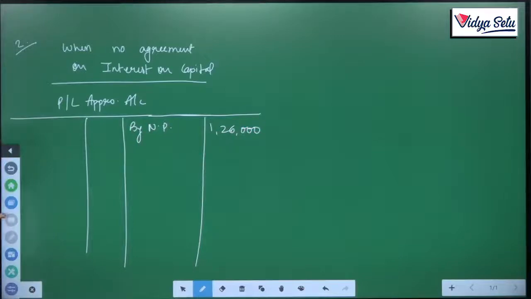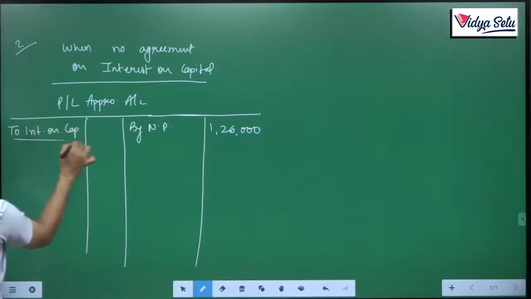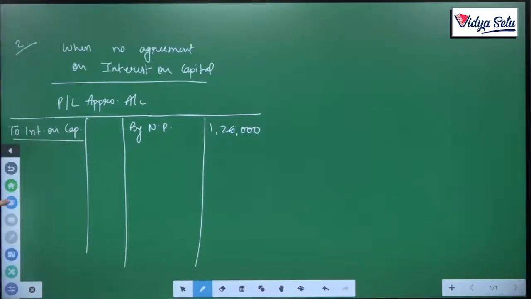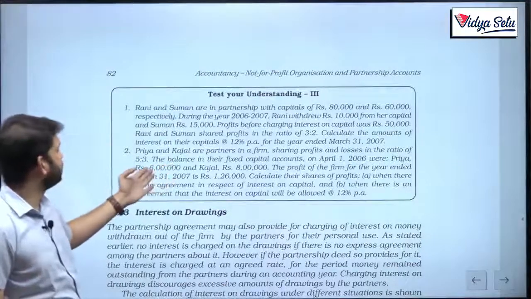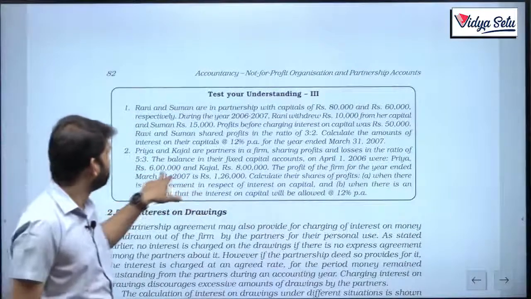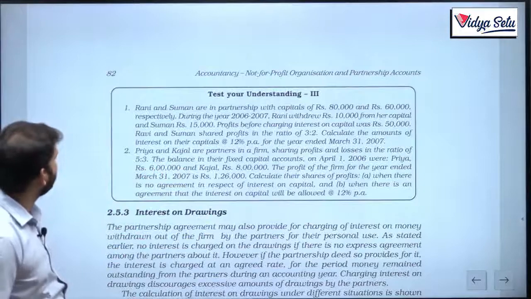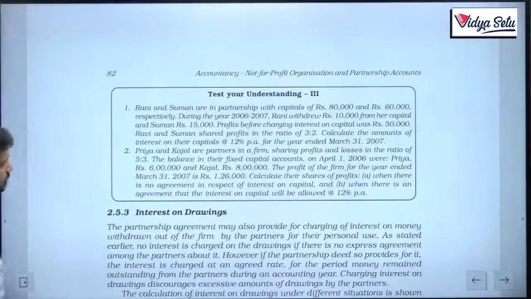Now, interest on capital is to be provided. Let's calculate. Fixed capital were there 6 lakh and 8 lakh. Interest will come to how much? 12% of 6 lakh is 72,000 and 12% of 8 lakh is 96,000.